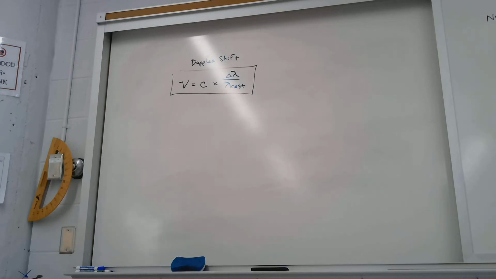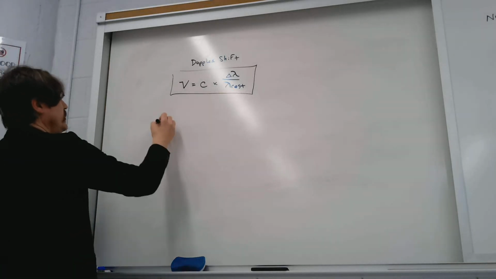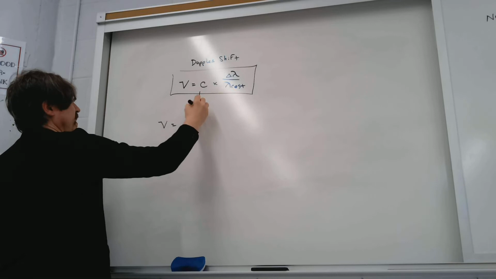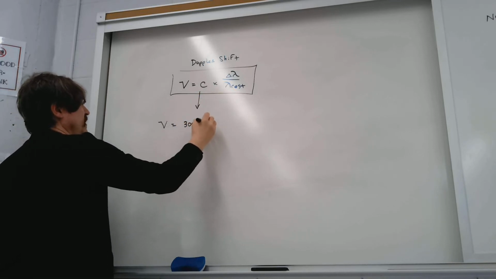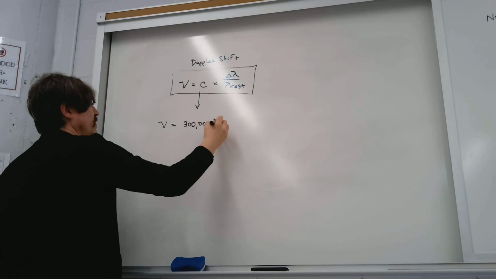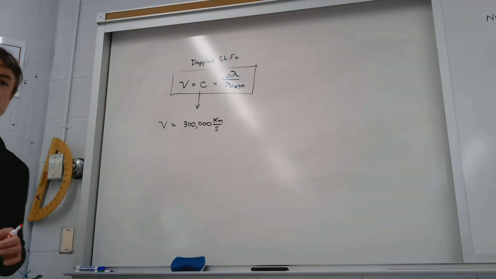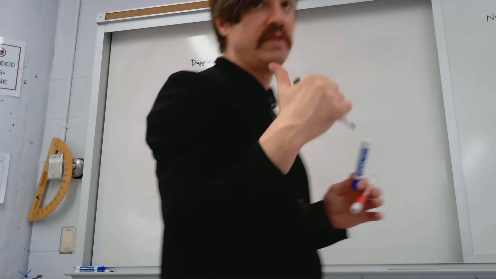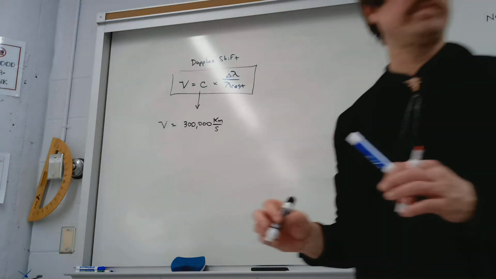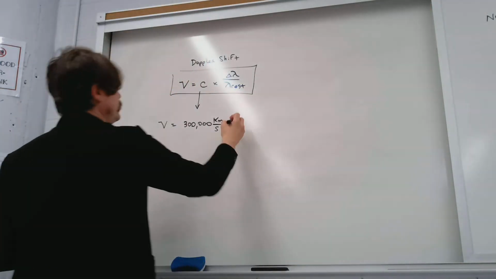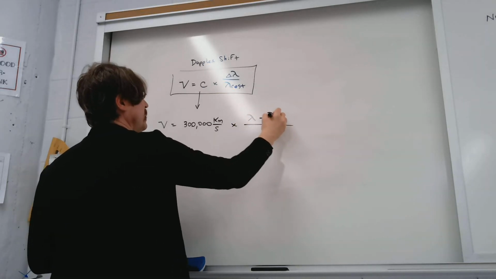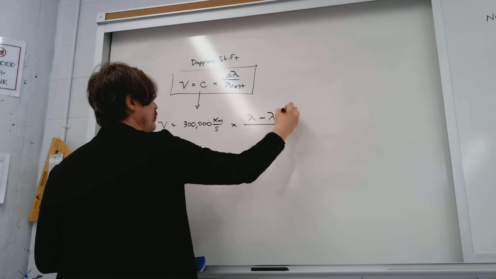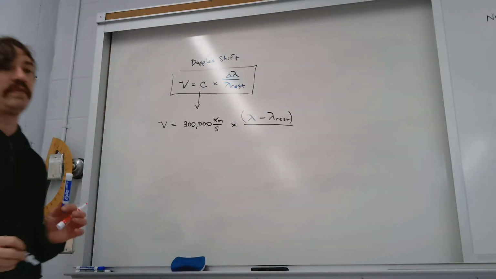Now, if we expand upon this, we're going to be measuring the speed of light today in kilometers per second. It's a little bit more elegant to work with when you're measuring the velocities of stars. So I have the speed of light is 300,000 kilometers per second. And the change in wavelength will be the observed wavelength minus the rest wavelength in parentheses.